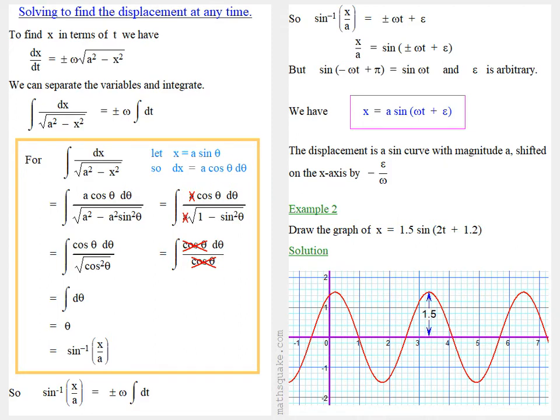We see that the height of the sine curve is 1.5, and we see the sine curve has been shifted by an amount minus epsilon over omega, which is minus 1.2 over 2, or minus 0.6. The sine curve normally goes through the origin, but now it's going through the point minus 0.6 on the x-axis.